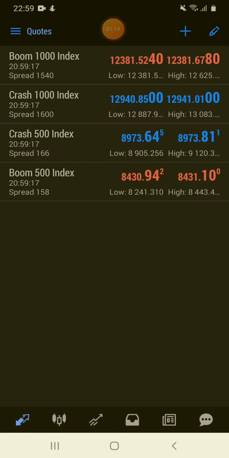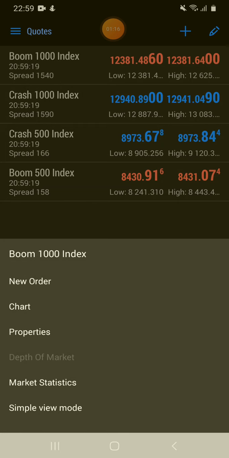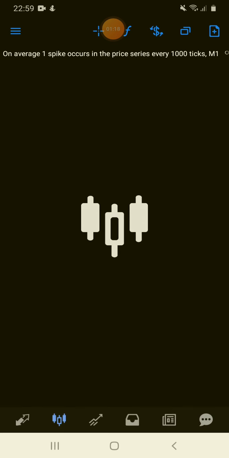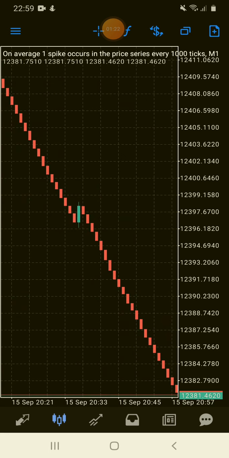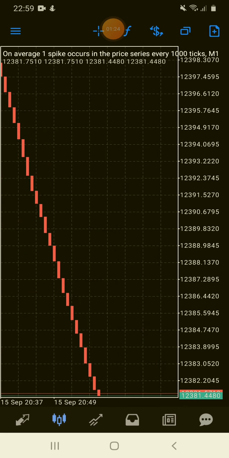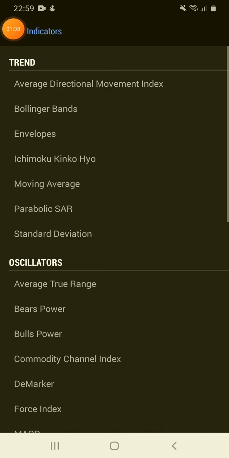First, let's go to Boom 1000. I'm going to be introducing a strategy that only involves 3 different things. It's simple: 3 different indicators. Let's move this aside so that we can get the indicators on.